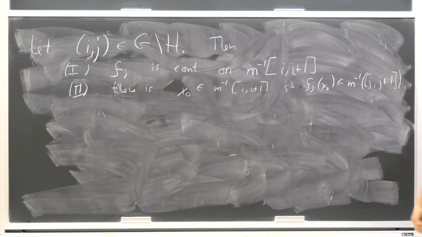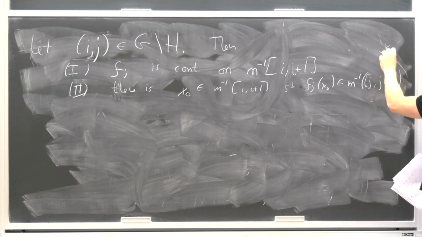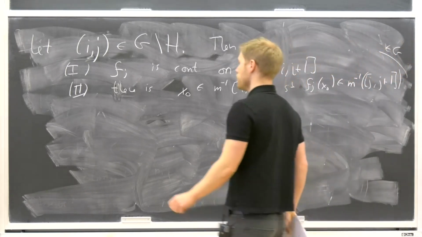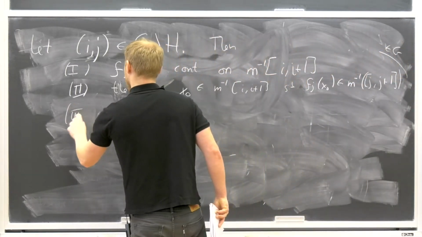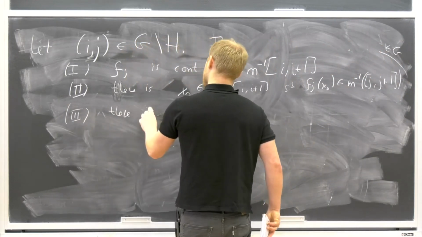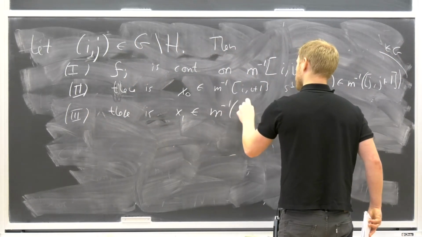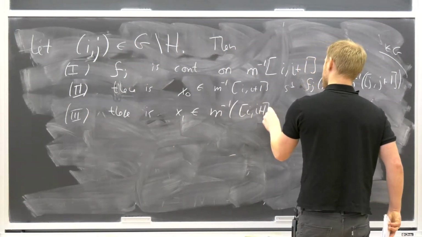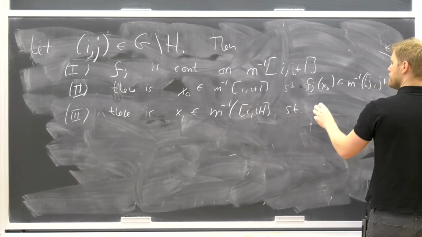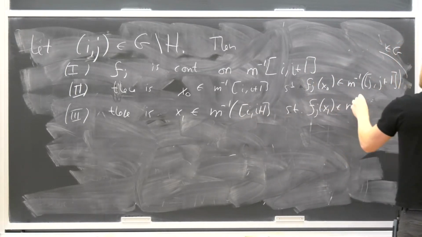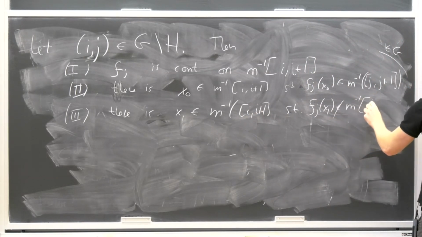Yes. And so this is all from being in G, but from not being in H, there also has to be something outside the box. So there is x1 also in this box, but whose image is outside of the box, such that f of j x1 is not in the box.